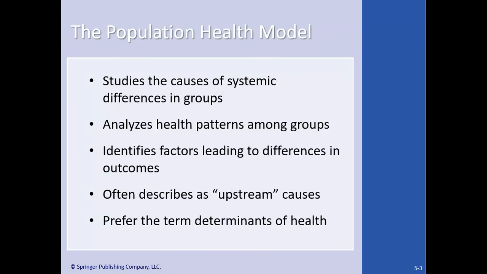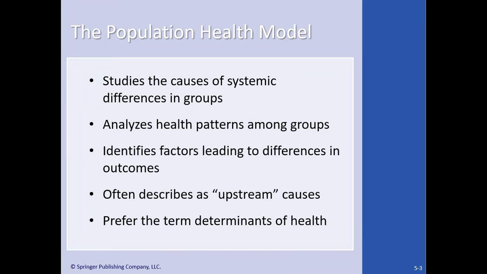The population health model studies the causes of systemic differences. So it looks more at the big picture, but how that big picture impacts the individual. By studying these causes, it can analyze health patterns, identify factors, and then use those factors to create interventions.